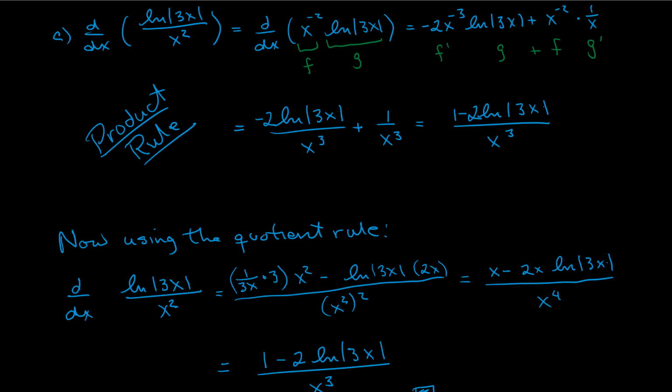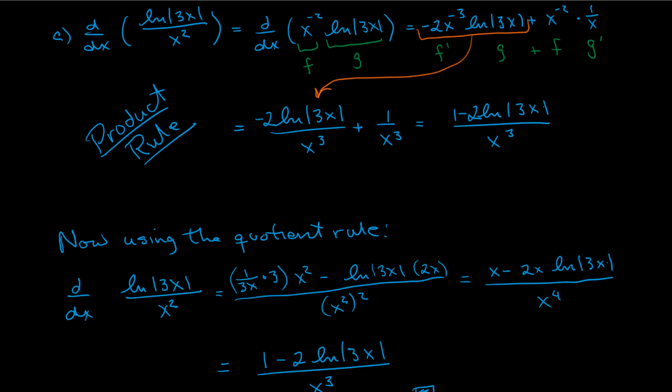Then I'm going to multiply by f, well, that's x to the negative 2, times g prime. Well, the derivative of the natural log of the absolute value of 3x is just the 1 over x that you see over here at the far right side. This will clean up some. In the case of this first term, the x to the negative 3 is really in the denominator.